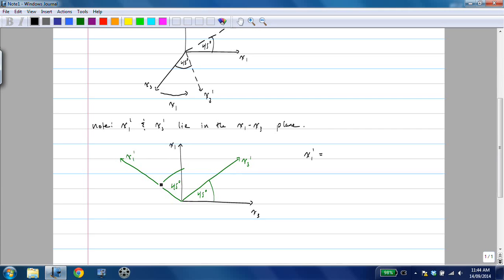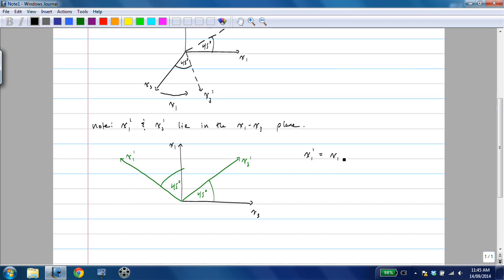If we look at it, we'll find that in order to get the component of x1 prime, which will come from x1, this is just the cosine of 45 degrees.